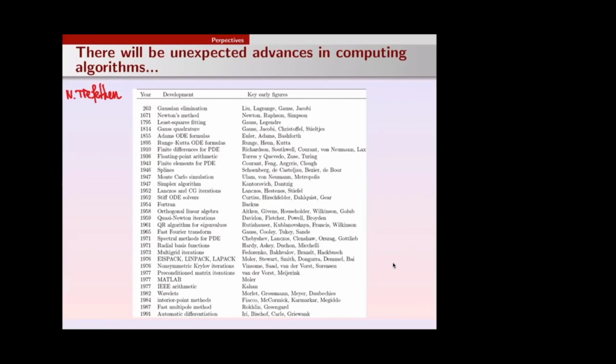You see here that Gauss elimination is written in year 263. When you see this, you think, oh, it seems wrong. But Gauss elimination, before it was developed in Europe, was apparently already initiated by a Chinese ancient mathematician, like 18 centuries back.